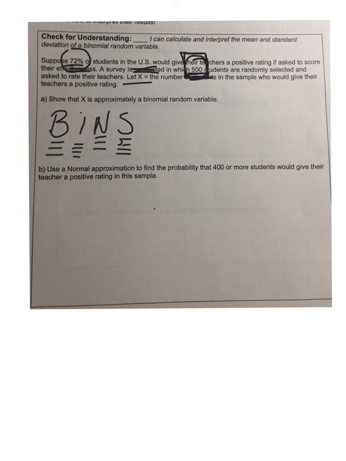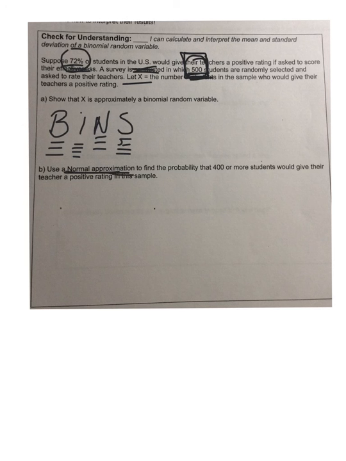Okay, letter B. Use a normal approximation to find the probability that 400 students or more would give their teacher a positive rating. Oh, normal approximation. Normal approximation indicates that it's going to be a z-score. Now, first of all, can we do the normal approximation?